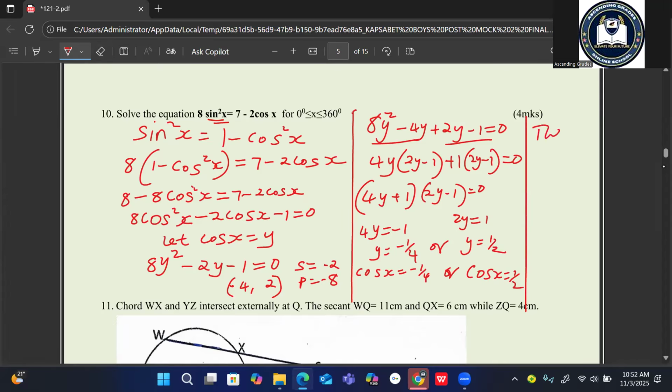Therefore, for cos x equal to negative a quarter, x will be equal to 104.48 degrees or 255.52 degrees.